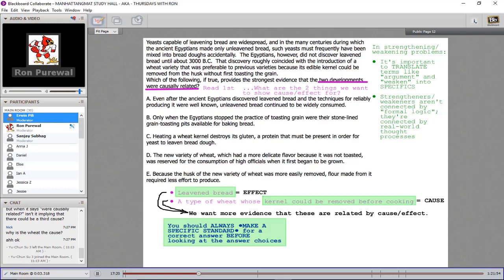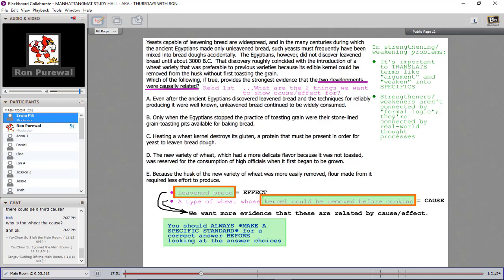So here, our standard is, we need a reason why this new type of wheat would actually allow us to make leavened bread. Which also implies that the other types of wheat that existed before this must not have allowed us to make leavened bread. So there's our standard. Standard for a correct answer.